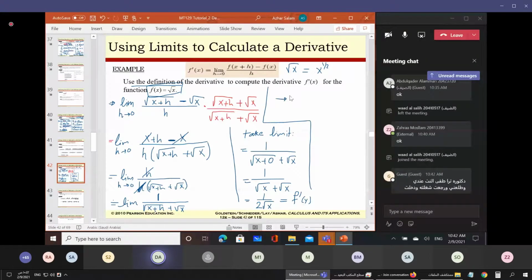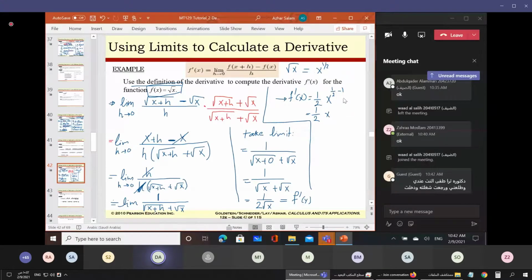So when I find f dash of x using the power rule derivative, it will be half multiplied by x to the power half minus 1.